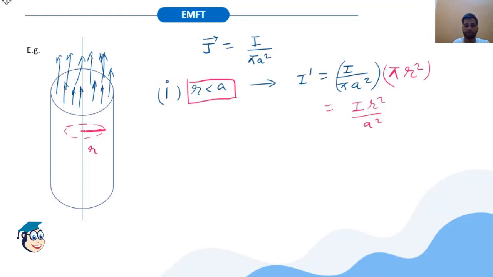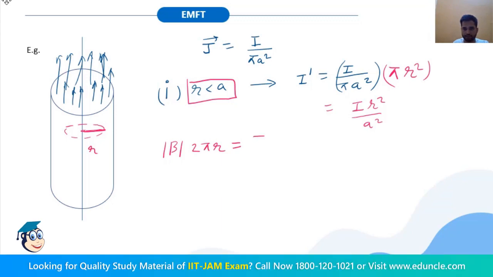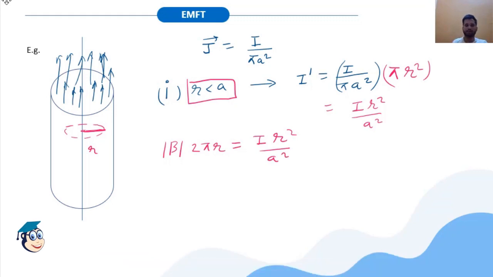Okay, so now if you apply the Ampere's law, you have the left hand side as mod B times 2 pi r is equal to I r square over a square. Okay, you can now cancel the r on both the sides, divide by 2 pi, and you will be left with B as I r over 2 pi a square.